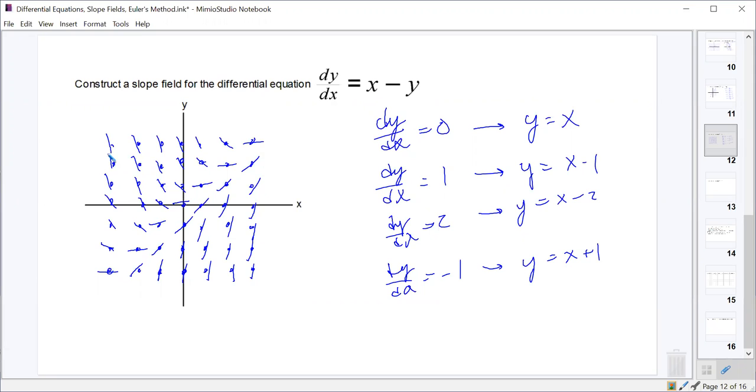Good or no? All right, and if I wanted to sketch the solution that went through this point, it'd curve up to here and curve out like this, something like that. Does that look good to everybody?